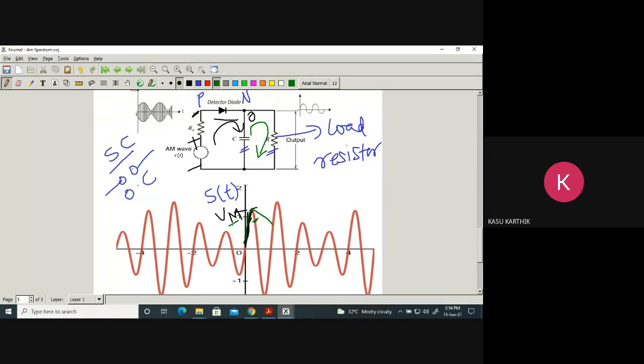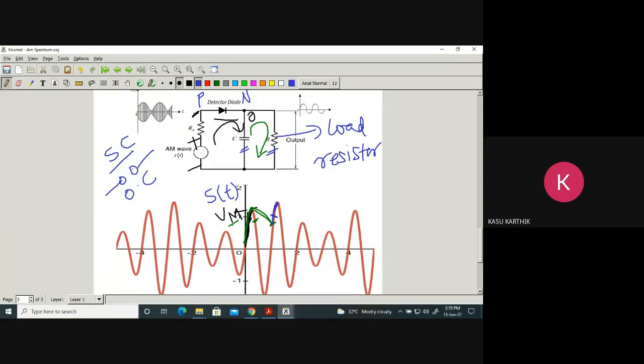Let us assume that it is discharging slowly. It is charging like this, and after this point the diode is reverse biased. The source is disconnected from the remaining circuit. The capacitor discharges like this. Now we are at this point. This is the voltage across the capacitor, N side. Now when you apply this voltage, again the diode will be forward biased, and again the capacitor starts charging.